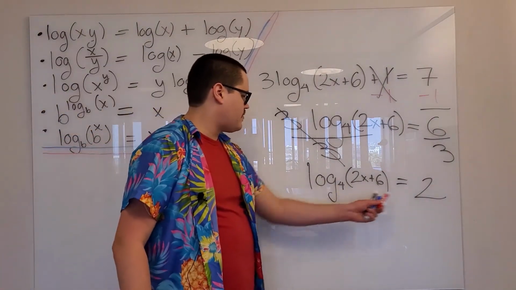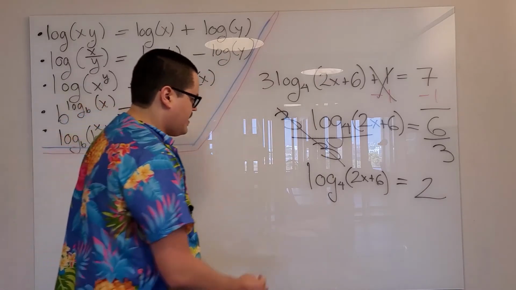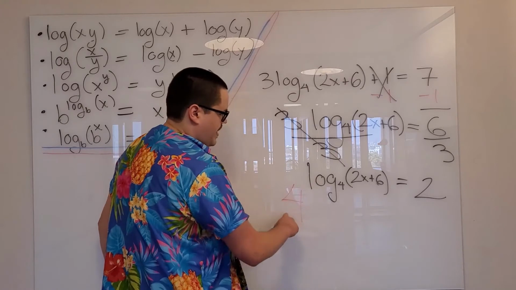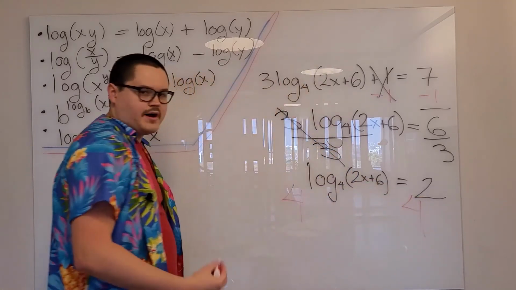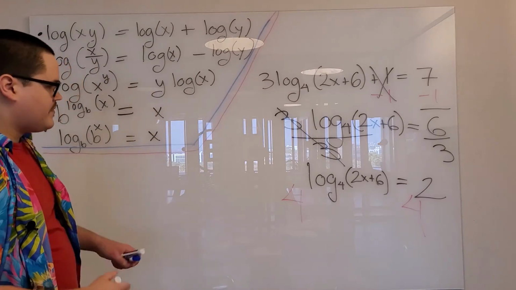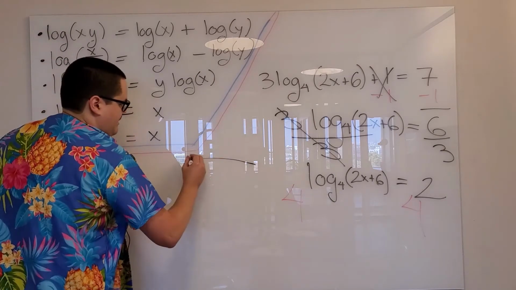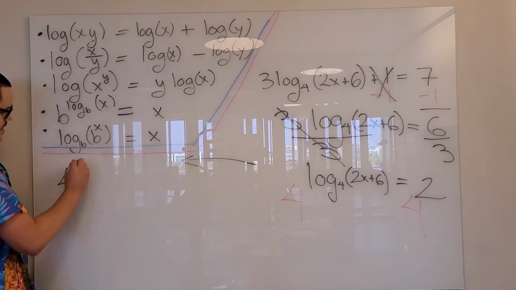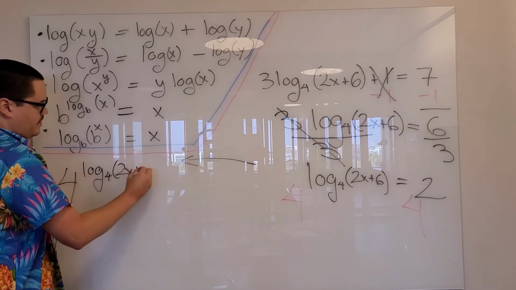If log base 4 of something equals 2, then I introduce 4 as the base. That means 4 to the power of log base 4 of that thing is the same as 4 to the power of 2. Let me rewrite that over here. Okay. 4 to the power of both sides.